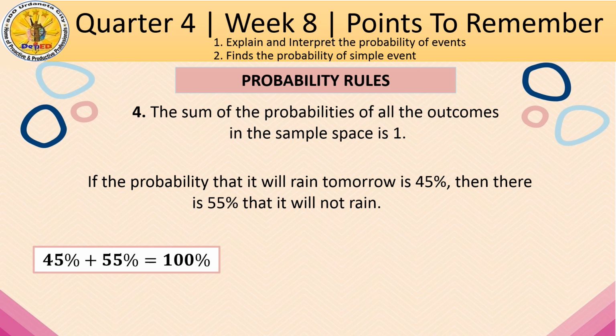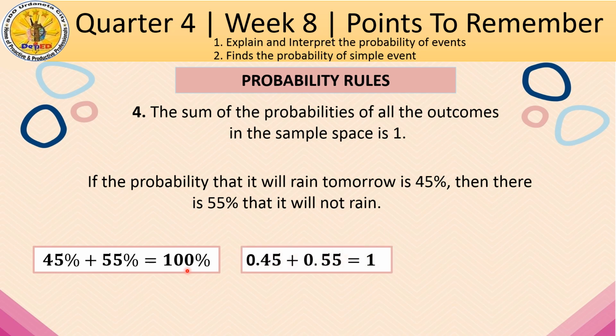If we're going to add the probability that it will rain and the probability that it will not rain, then the sum is 100%. And if you still remember from the probability line, 100% is equal to 1 probability.